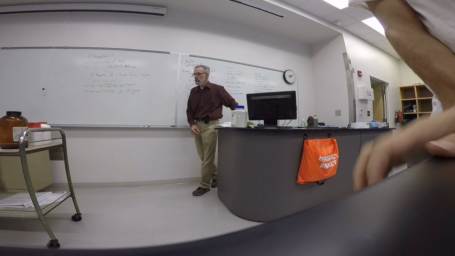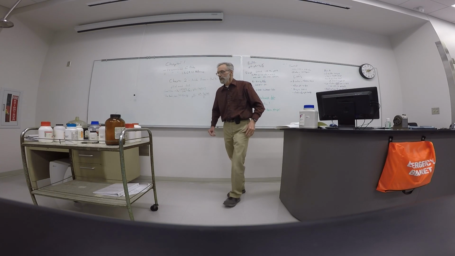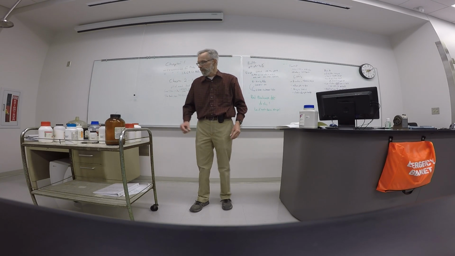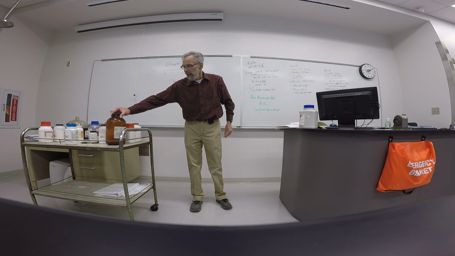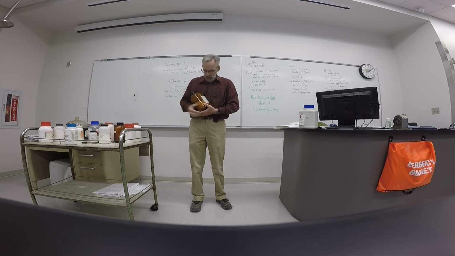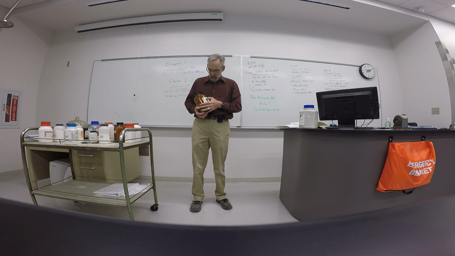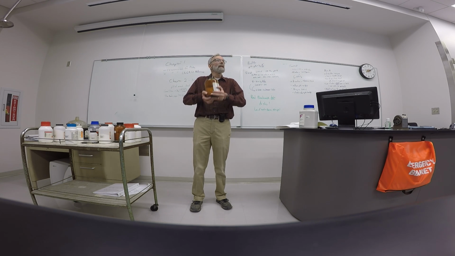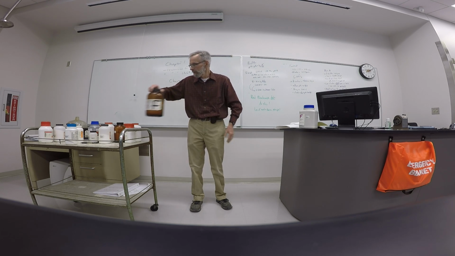So when you do this, don't rely on the molar mass that you just calculated for your pre-lab question. Actually look at the bottle, find somewhere on the bottle where it says what the molar mass of the material in this bottle is, and use that molar mass, not something that came out of your textbook.